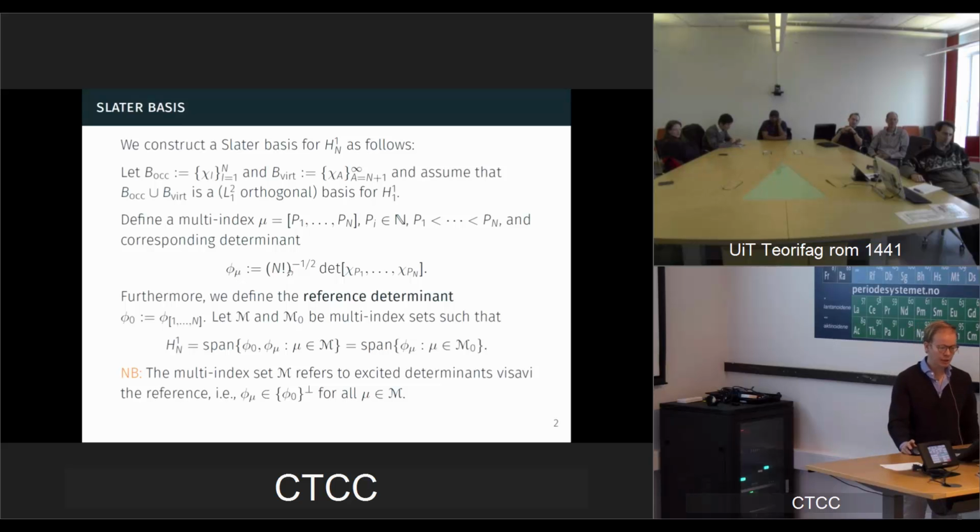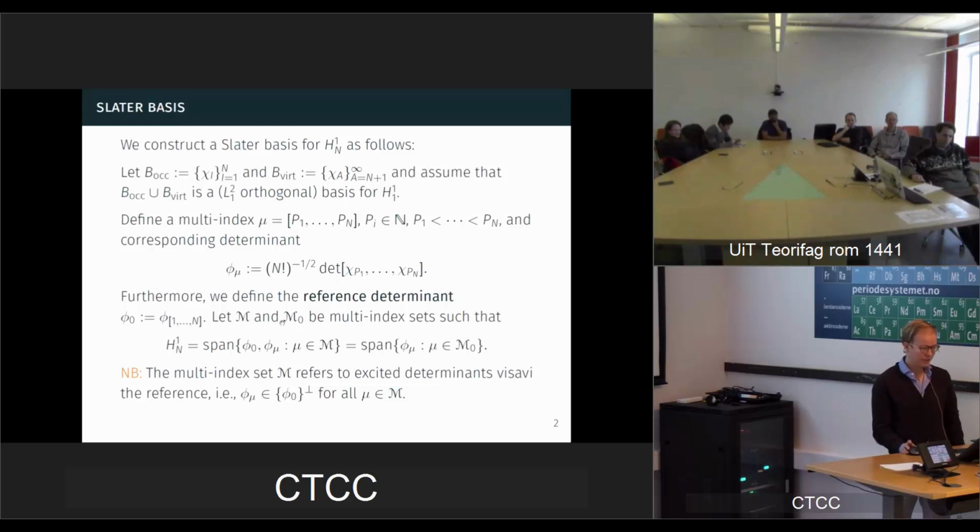And in particular, if we put the n first one electron functions in the construction of the determinant, that is, we make use of this set here, then we get something that we call psi naught, and that's the reference determinant.